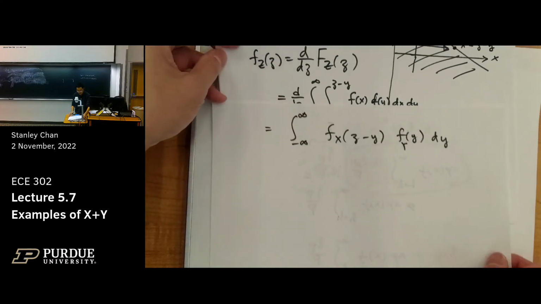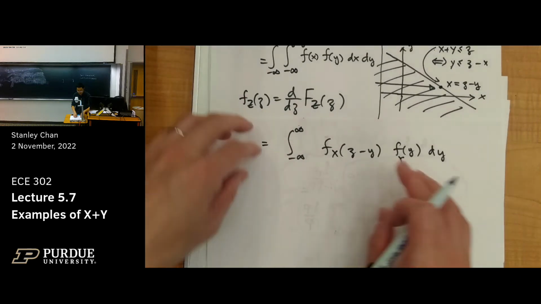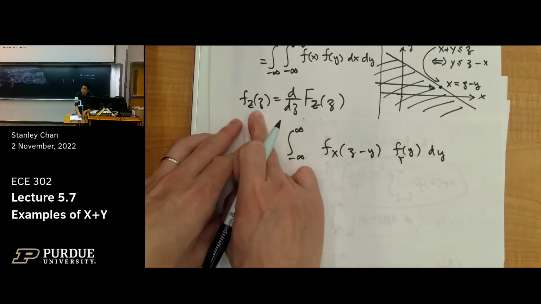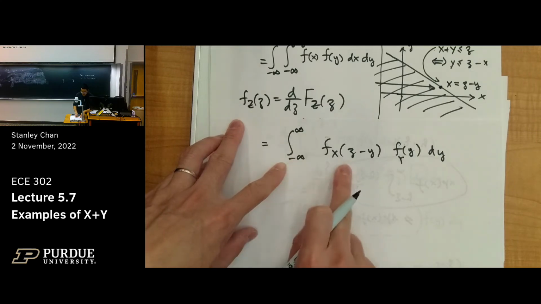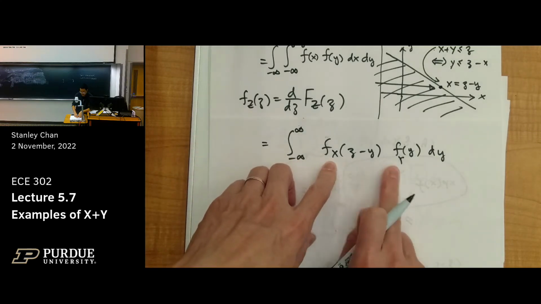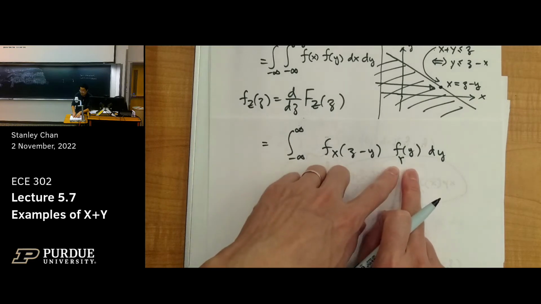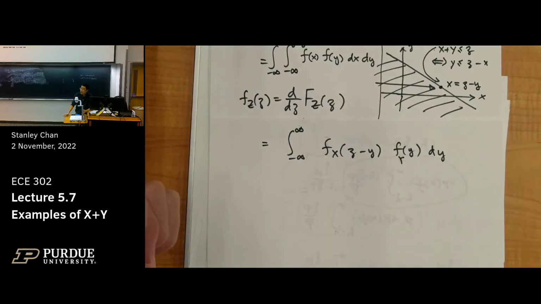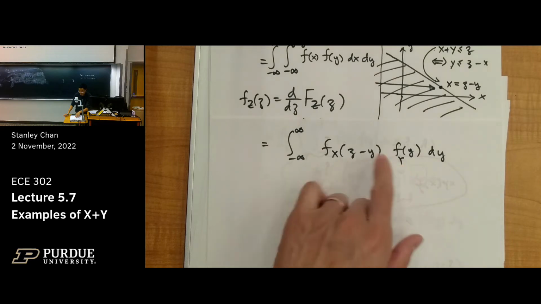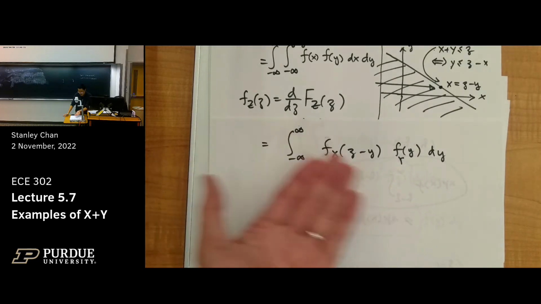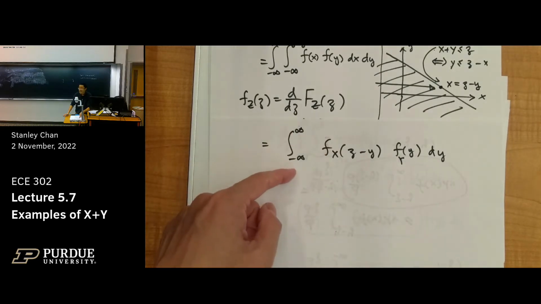So you do all the way to here, then the PDF will become this integration from minus infinity to infinity of fx of z minus y and fy of y. Okay, this is what? Integration of two functions, flipped, shifting, add, and it's called convolution.